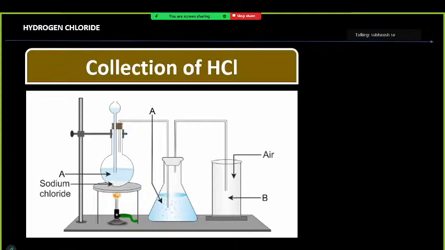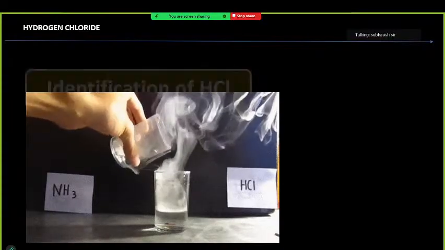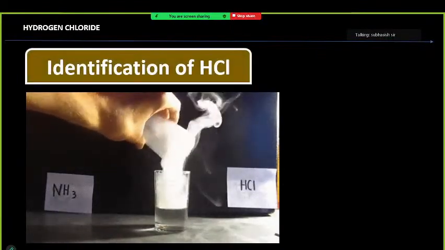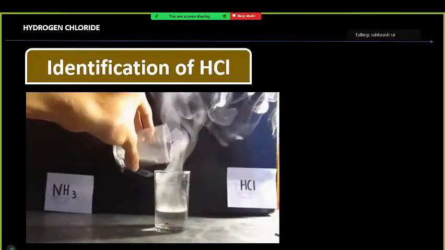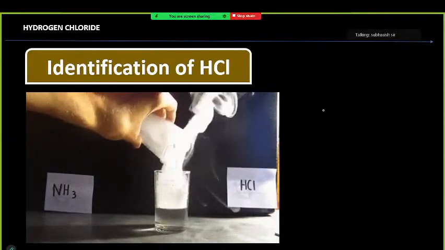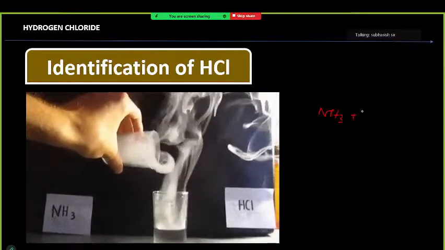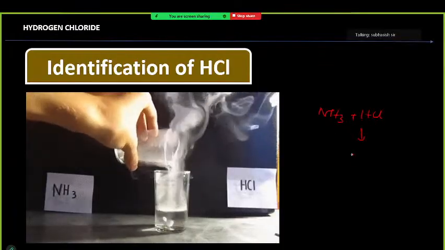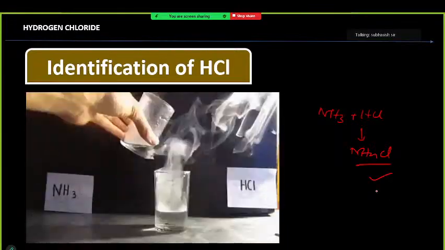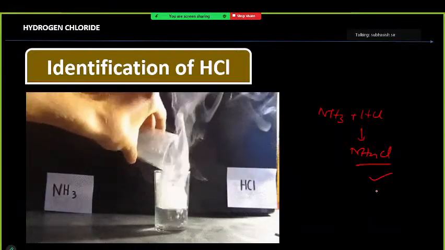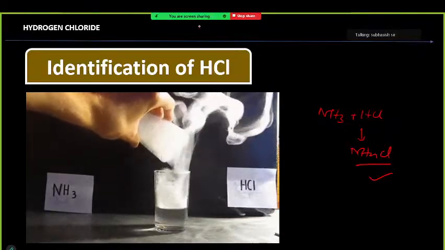Now this is the collection of hydrogen chloride. Because hydrogen chloride is heavier than air, it is collected by the upward displacement of air. Here is the identification of HCl. Here you see that ammonia and HCl, when they come in contact, react with each other with the formation of the dense white fumes of ammonium chloride.